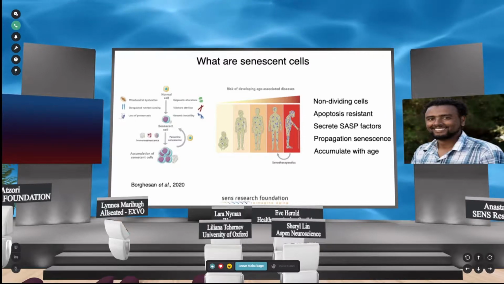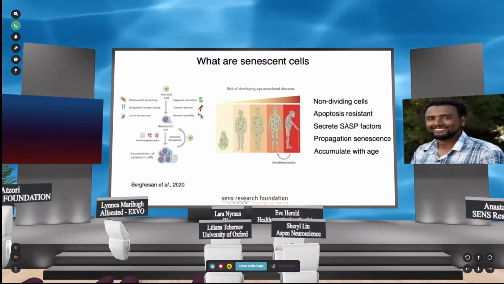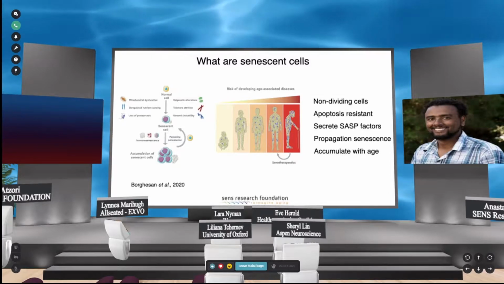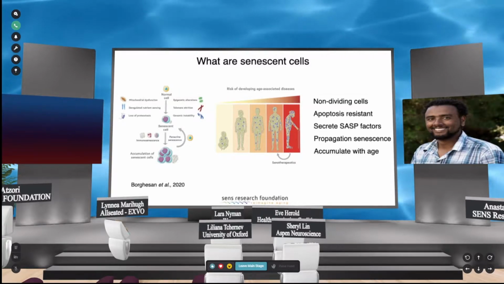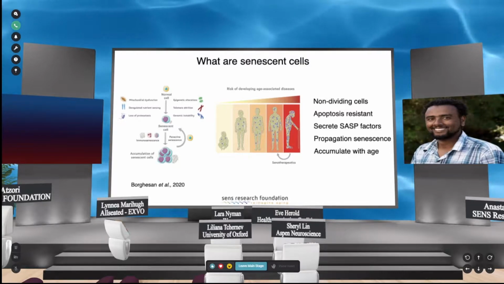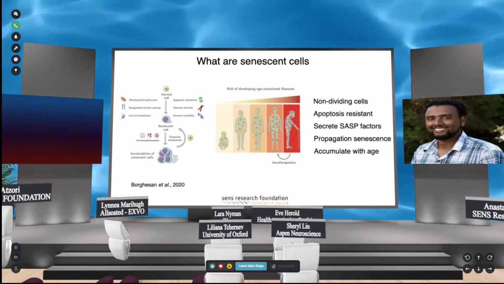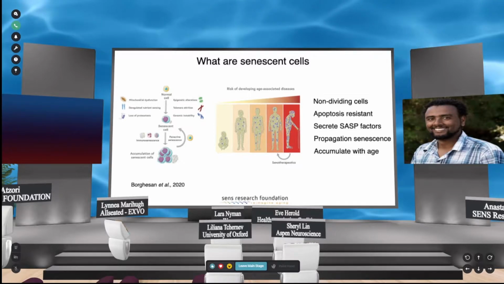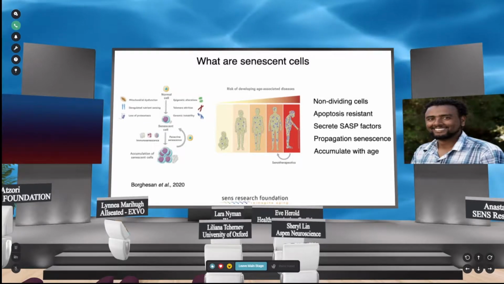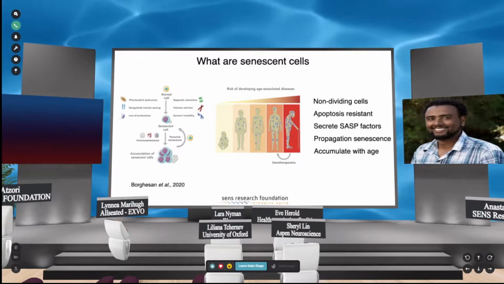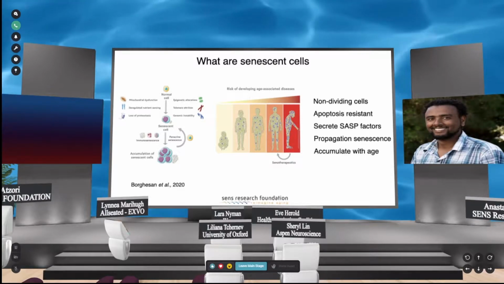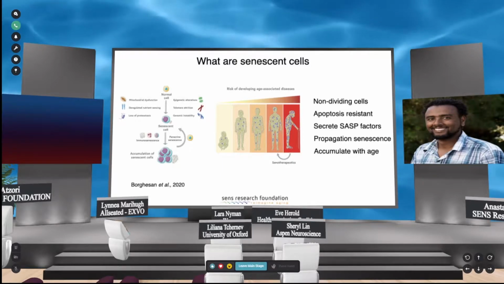Senescent cells are known to secrete a group of proteins called SASP, which stands for senescence-associated secretory phenotype. The SASP factors are also known to propagate the senescence phenotype to neighboring cells or even to far distant cells in a manner of paracrine or juxtacrine senescence. I will come to that point in detail.